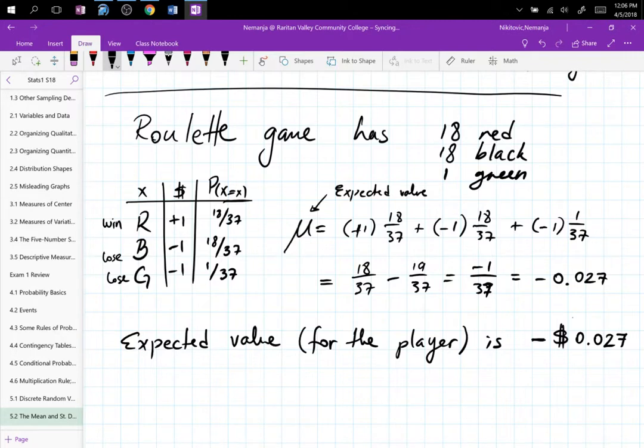Every time they spin it, on average, all of the players lose 2.7 cents.